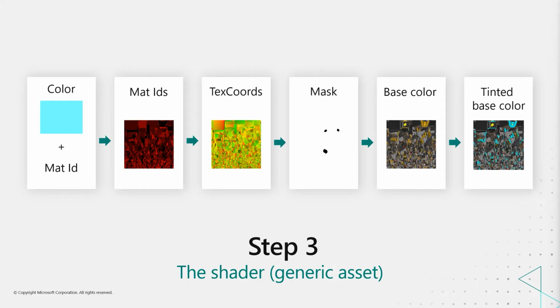Basically, I want to colorize this material ID to this color. Then when you're shading a pixel, you're looking up if that pixel has that material ID. Then you move on and check what the original texture coordinates were for this pixel.